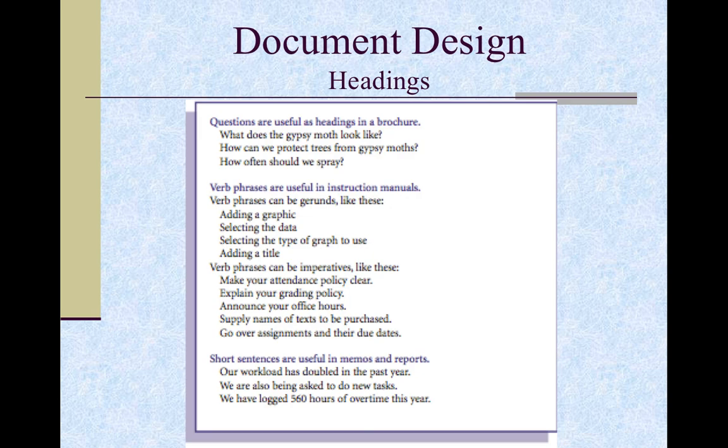Supply names of texts to be purchased. Go over assignments and their due dates. Each one of these headings is a verb phrase, but it's a specific kind of verb phrase. It's an imperative. And below, short sentences are often useful and can be used in memos and reports. So parallel headings use the same sentence structure.